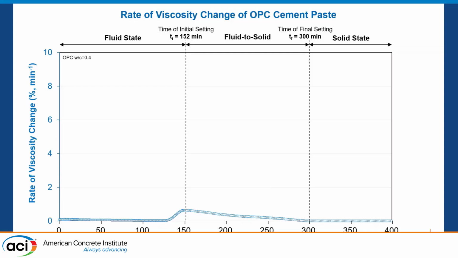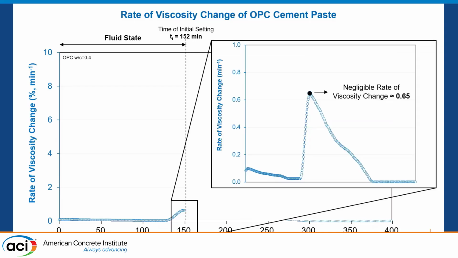There is a small jump at around the time of initial setting, and then during the fluid to solid transition, the rate of viscosity change decreases, reaching the value of 0. From the time of initial setting, we identified a rate of viscosity change of 0.65%. This is a very small, negligible value.